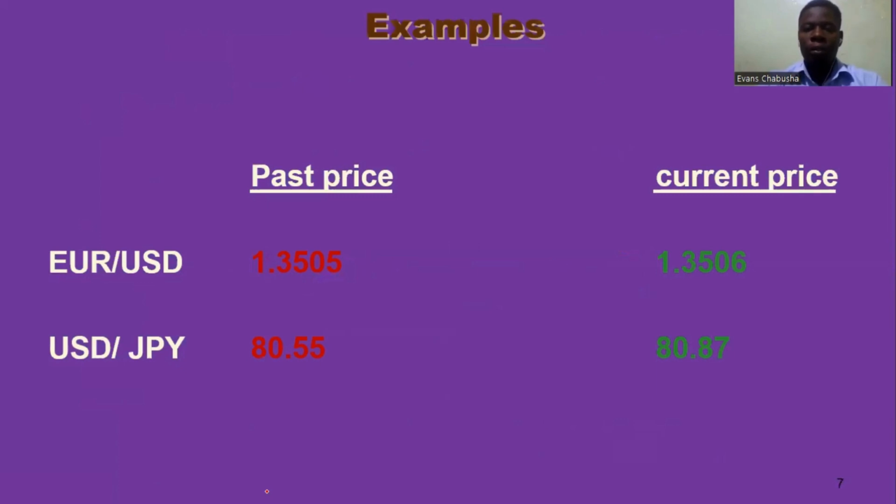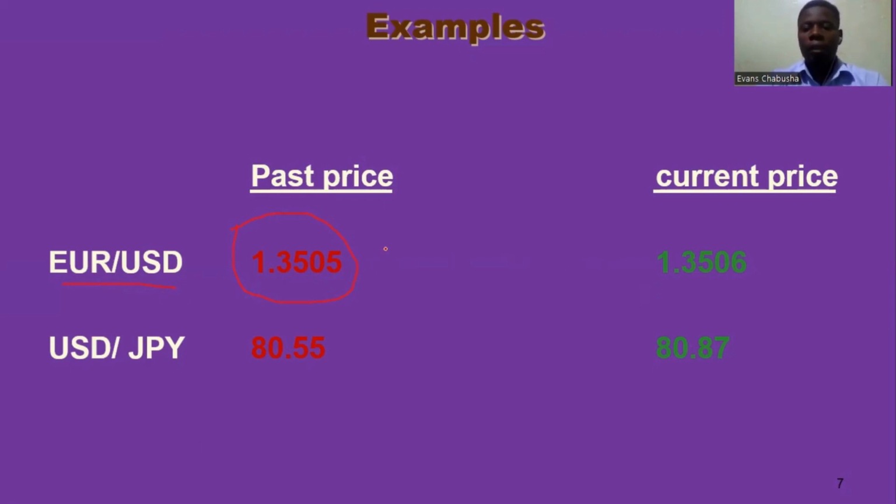For example, you are given these examples here. You have the Euro USD. This is the past price, where the price was, let's say, 2 weeks ago or 1 month ago. The Euro against the USD was at this rate: 1.3505.